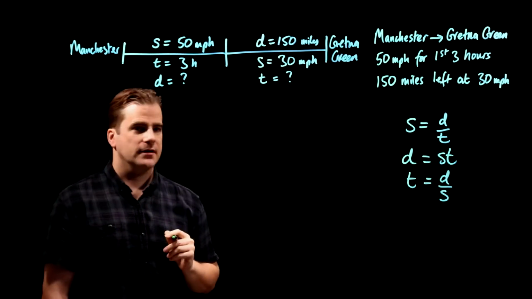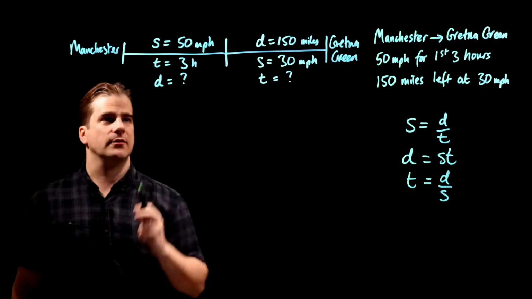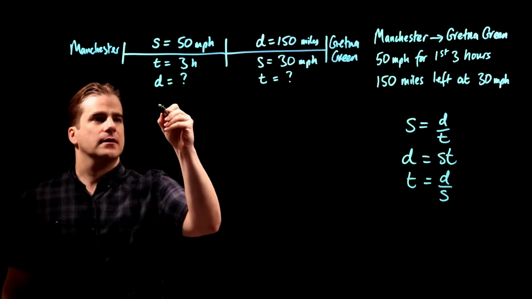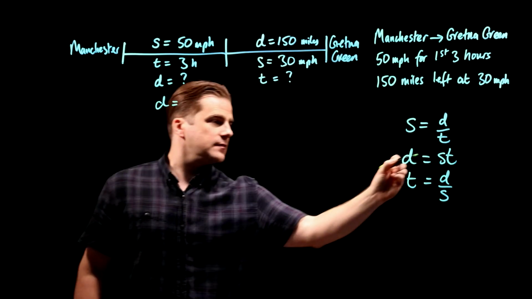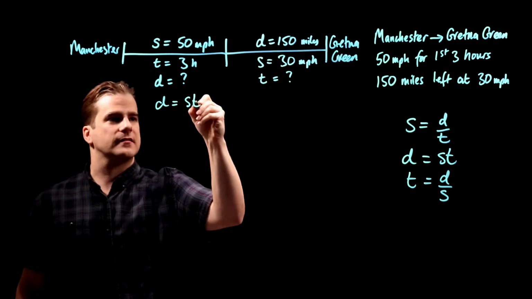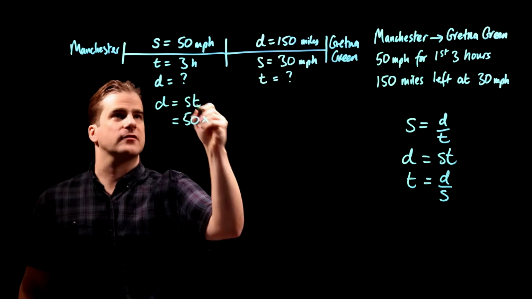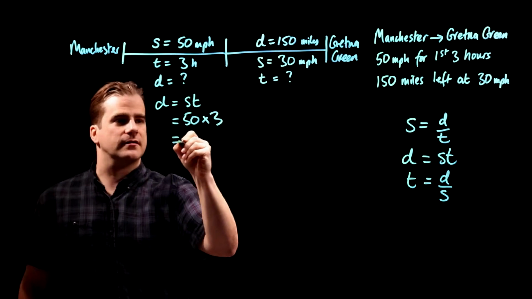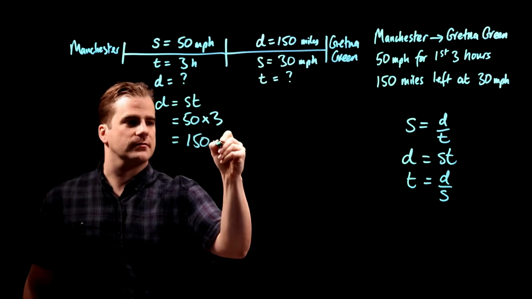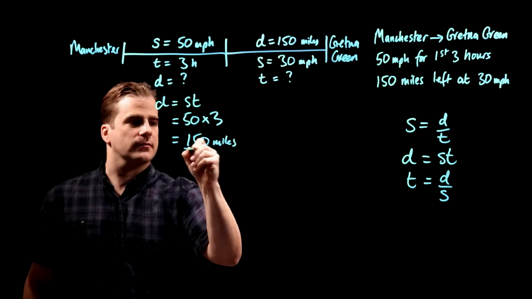Okay? So, let's work out distance here. The distance is speed times time, d is st. Speed is 50, time is 3. So the distance is 150 miles. Okay?